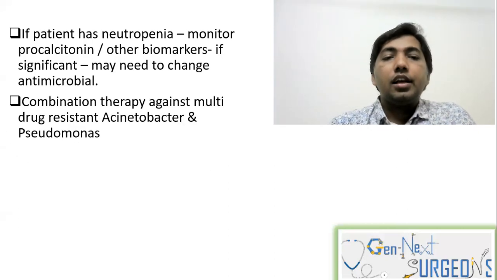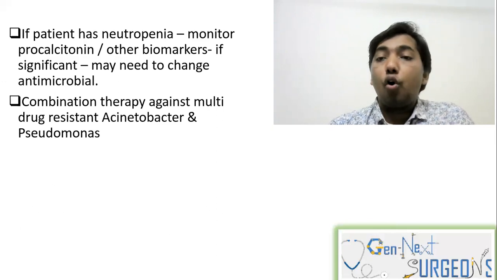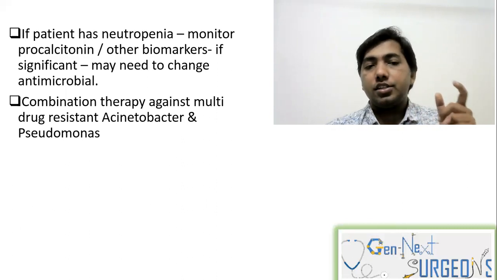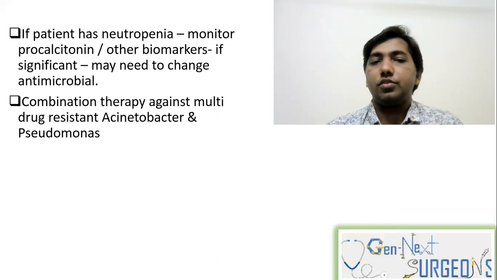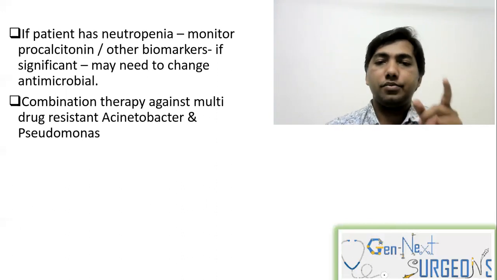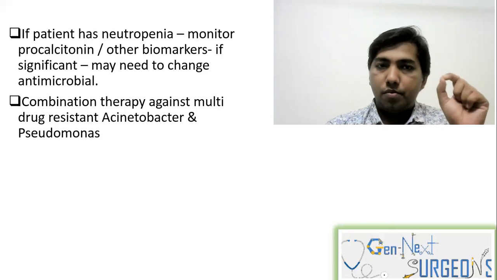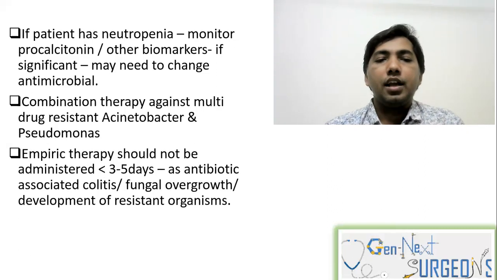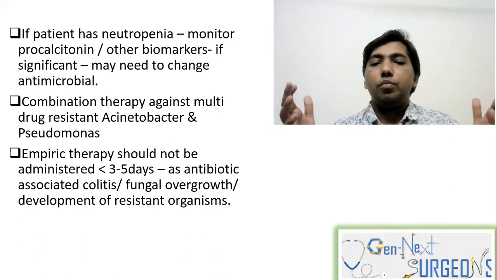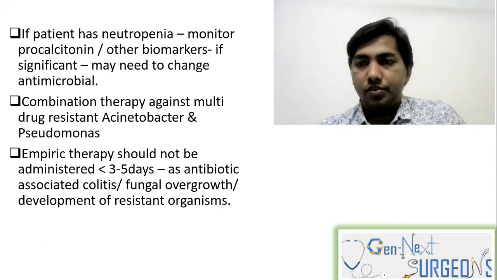And again, we have to start combination therapy, against multi-drug resistant Acinetobacter and Pseudomonas. So those are the points written in the Surviving Sepsis guideline. So remember these things. And empiric therapy should not be administered for more than 3 to 5 days.